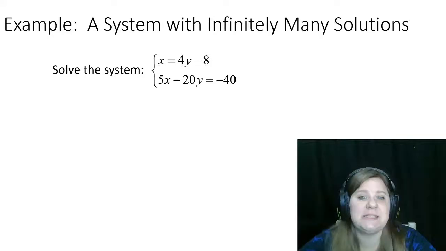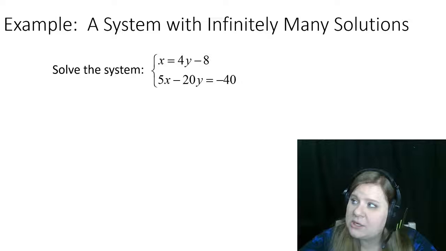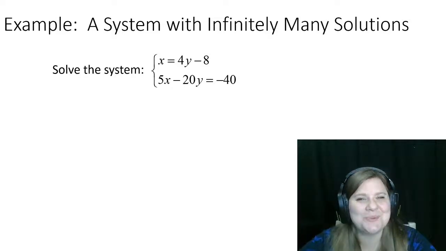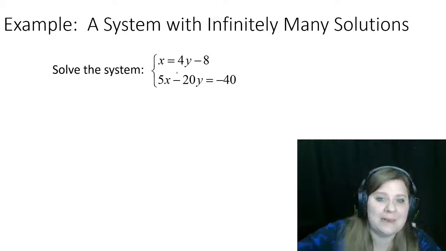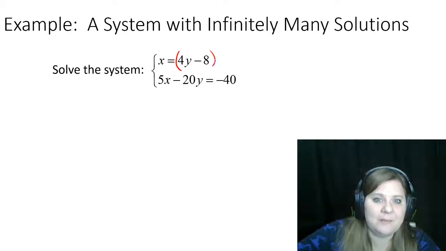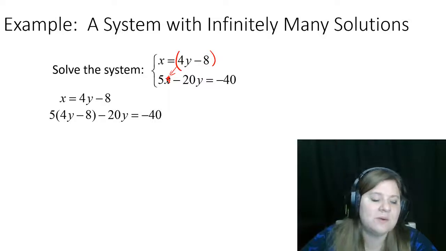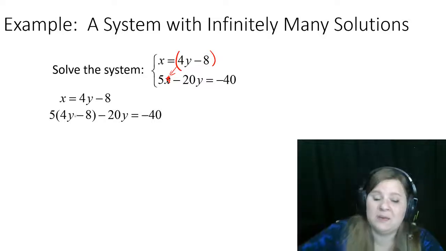Now let's take a look at an example with infinitely many solutions. When you look at this, you're going to notice that it's set up to be a substitution problem because we already have one letter solved for. So since x equals 4y minus 8, I'm going to replace this x with 4y minus 8. So I have 5 times 4y minus 8 minus 20y equals negative 40.